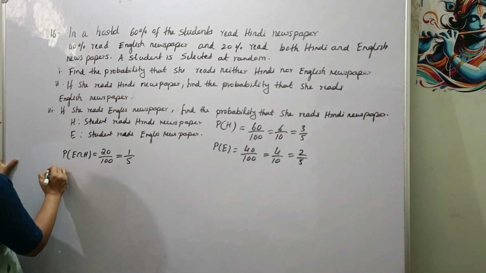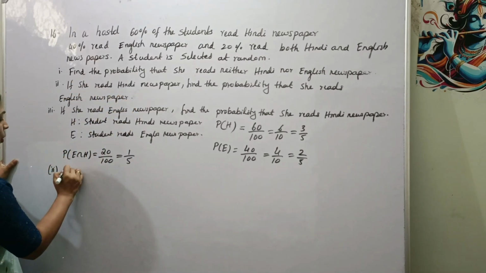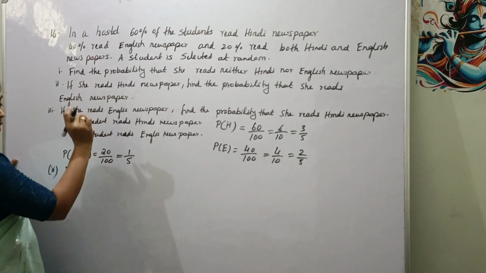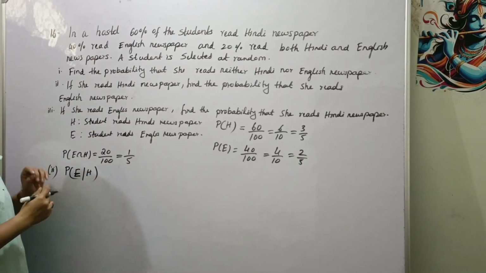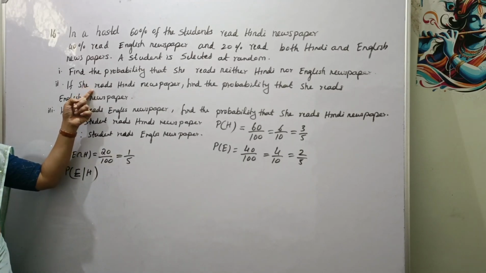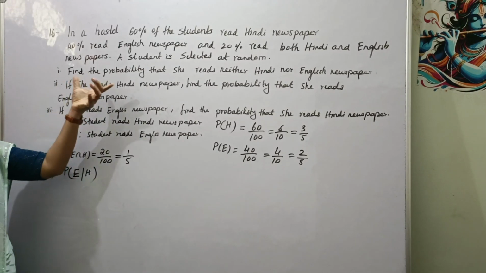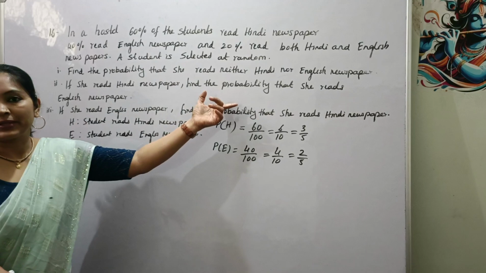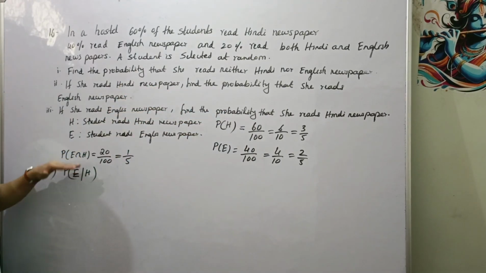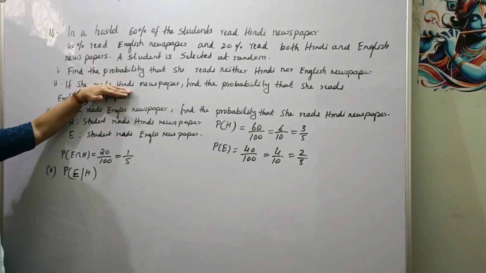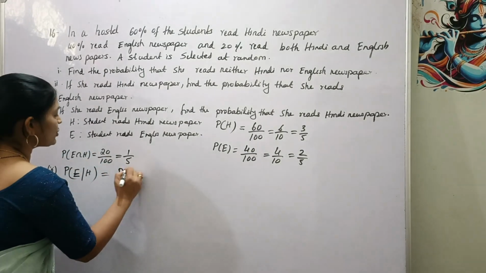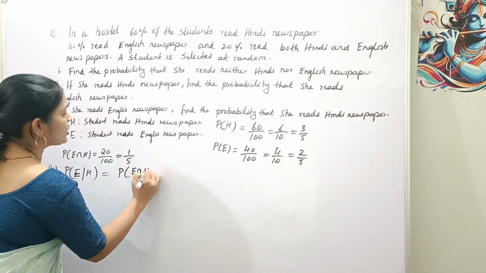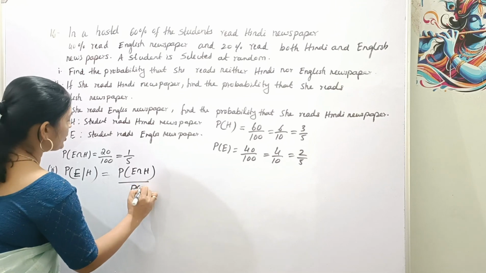Okay, so what is the probability? How can we write? Probability of E given H. Okay, one event is already occurred, so from this we have to select. So here probability of E given H is equal to probability of E intersection H divided by probability of H.